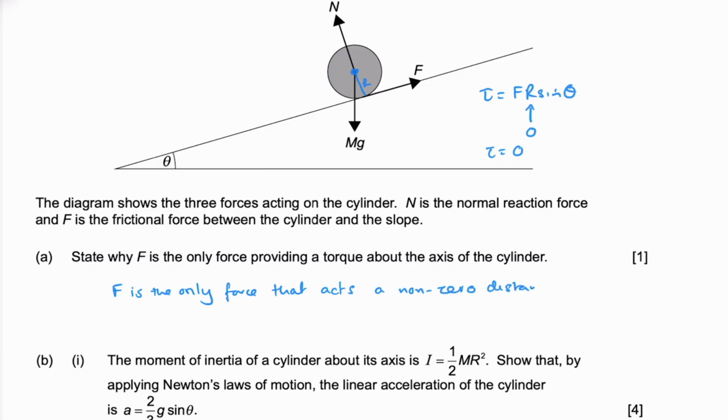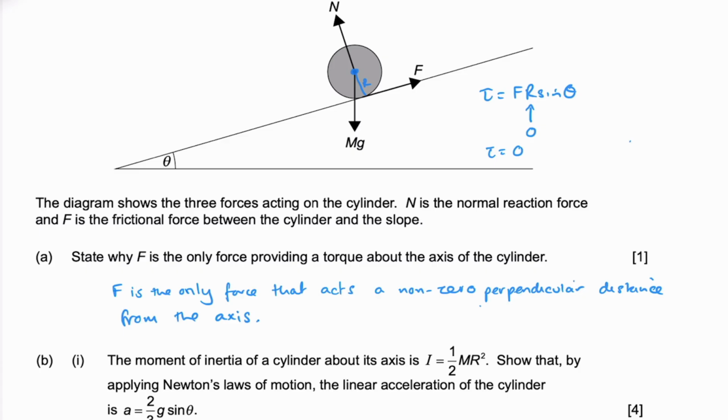F is the only force that acts a non-zero distance. Actually, we shouldn't really write just the word distance when we're talking about torque. We should write the words perpendicular distance from the axis. Why? Because that's all we're interested in.